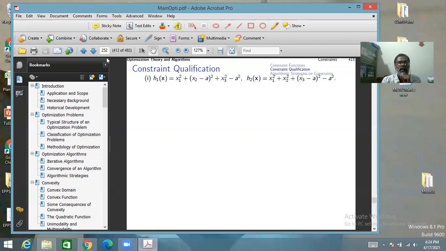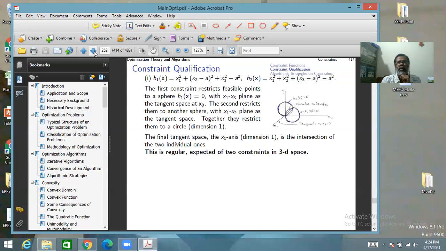Okay. So this is how they would look. So this is x1 direction, this is x2 direction, this is x3 direction. The first one equal to 0 would give you this sphere with 0, a, 0 here at the center, and the second one will give you this sphere, and both are passing through the origin, so origin is feasible.